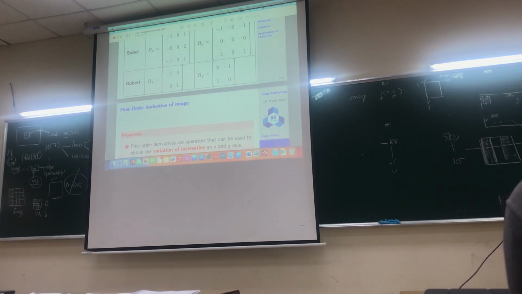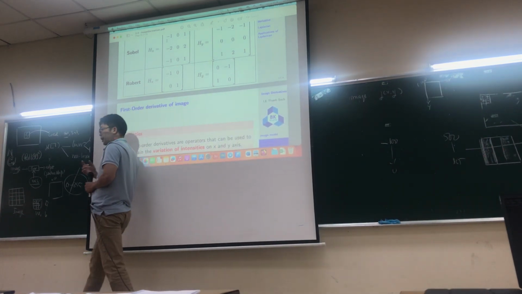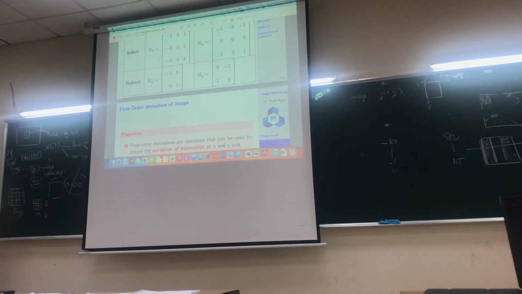But actually, this corresponds not to the center, but to the block of this cell with the corner of the block, here, right? Upper and left. This uses the block from here. For the odd number, you have the center, so it corresponds to the direct center. Any question more?